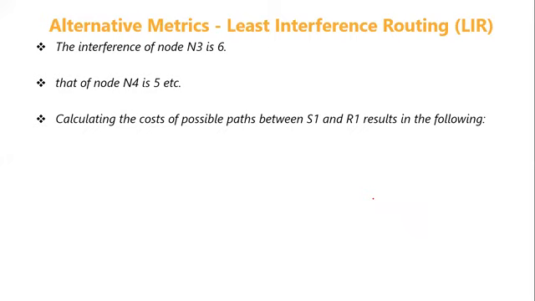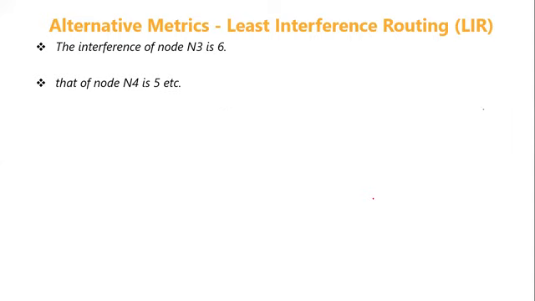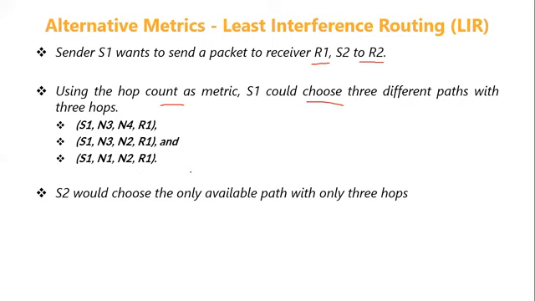Now, based on this interference value, let us calculate the cost of the possible paths between S1 and R1. In the previous slide, we identified three possible paths from S1 to R1 based on least hop. For all these paths, let us identify the cost in terms of interference.